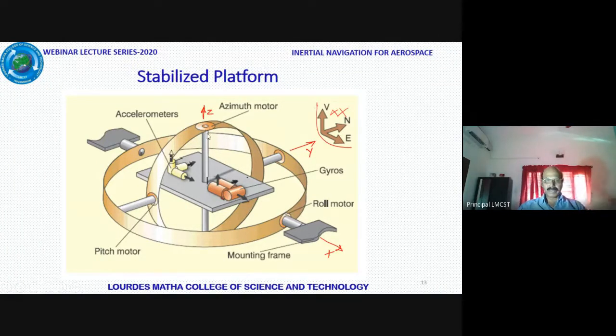That means when the vehicle undergoes angular motion, because these 2 points are fixed onto the vehicle, because of some small finite friction value here, some amount of angular motion will be transmitted inside.